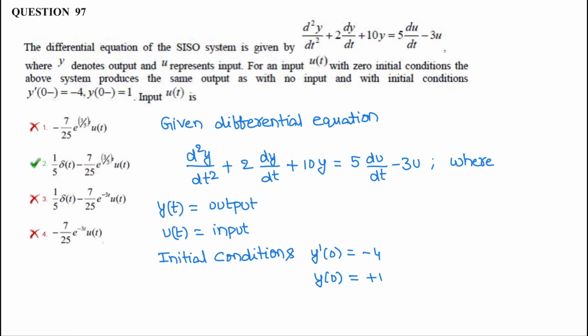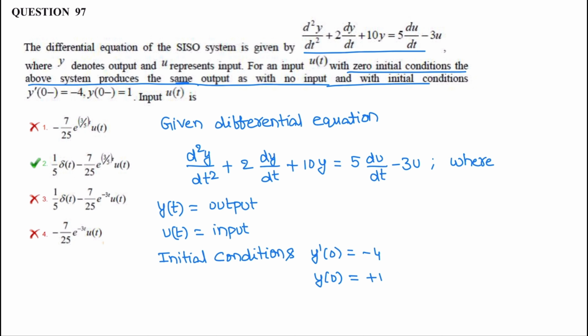In the given question, differential equation is given d square y by dt square plus 2 dy by dt plus 10y is equal to 5 du by dt minus 3u. Also given the condition with 0 initial conditions, the above system produces same output as with no input, that is 0 input having the initial conditions.